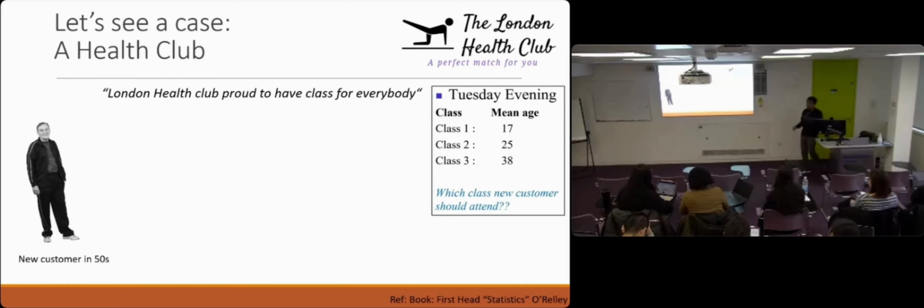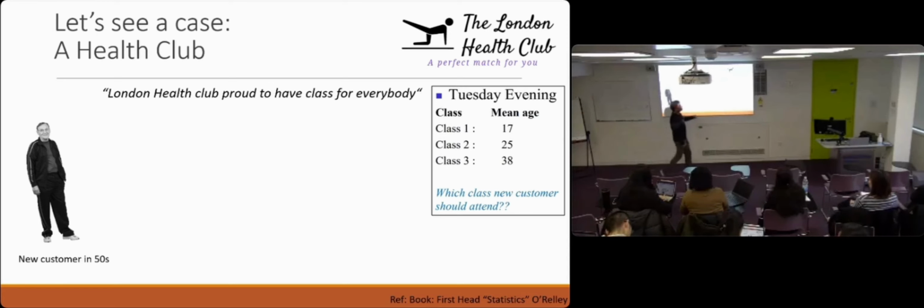Okay, let's try to understand where it can go fail, it can go wrong, right? So we will have one example where there's a London Health Club, and they are proud to have a class for everybody, right? And they use a little bit of statistics to make sure that everybody has a class that they want. How they do it?